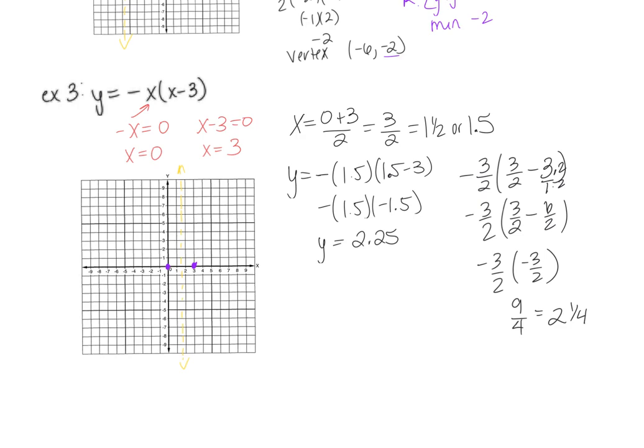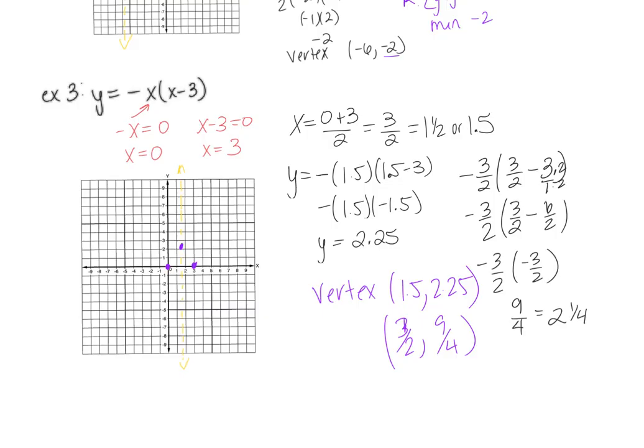Same thing. You don't need a calculator. Fractions, I think, are better. So we're going to put our vertex at 1.5, comma 2.25, or 3 halves, comma 9 fourths, however you want to write it.